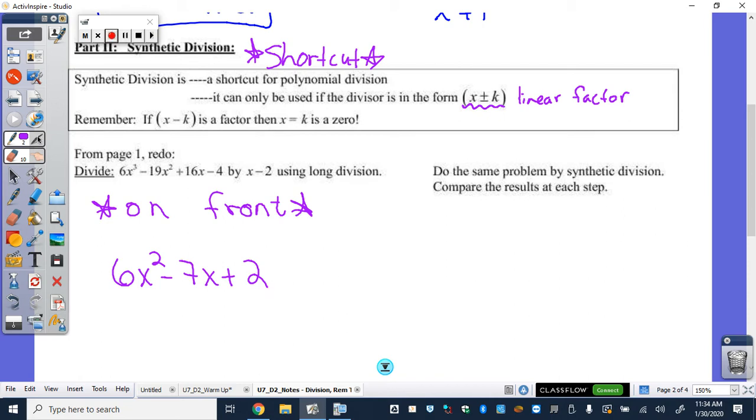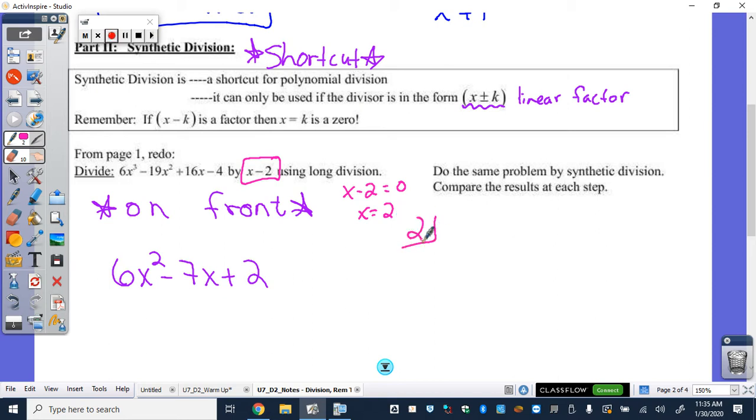So for our synthetic division, our little shortcut here, whatever you're dividing by, first thing you'll do is you'll set that equal to 0, and you'll solve and actually get the root for it. When we do synthetic division, we use the root instead of the factor. Long division uses the factor. We use the root in synthetic.